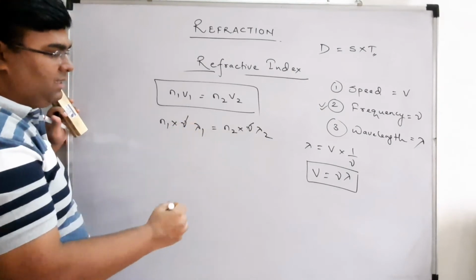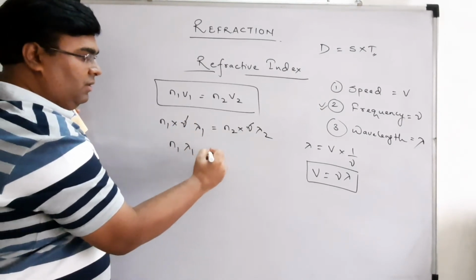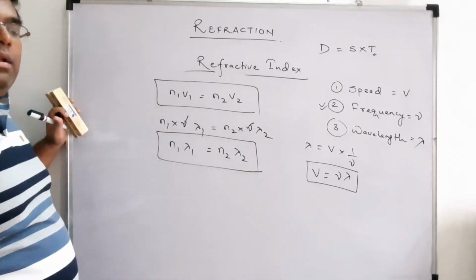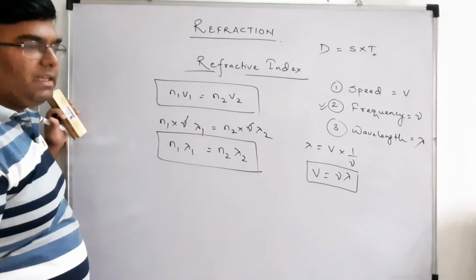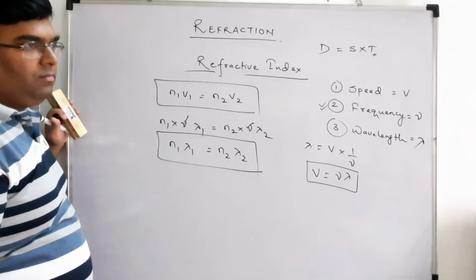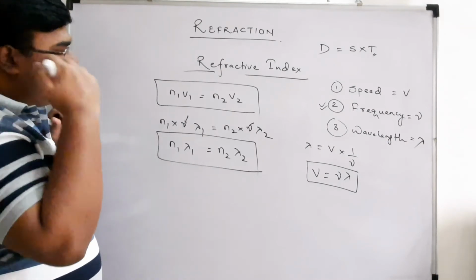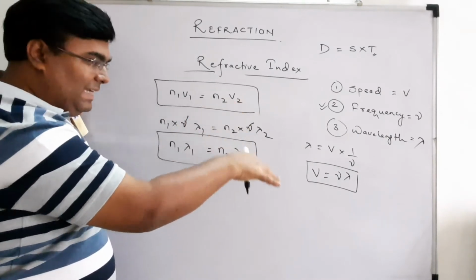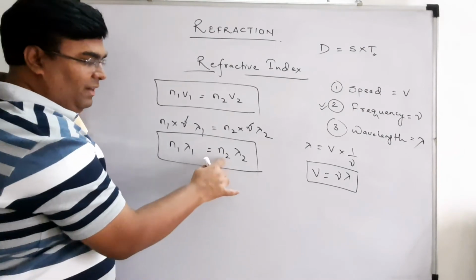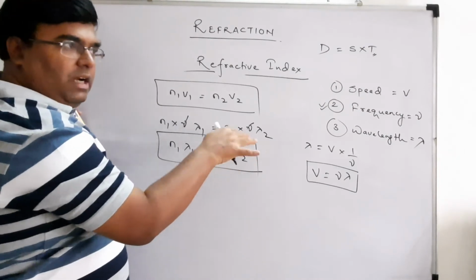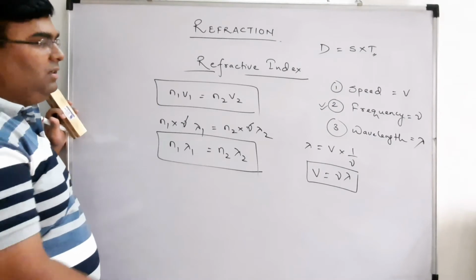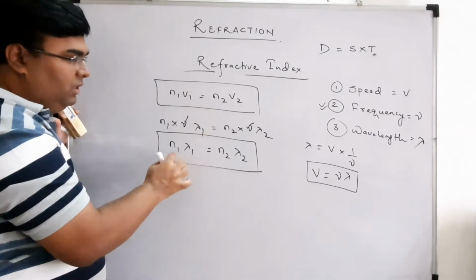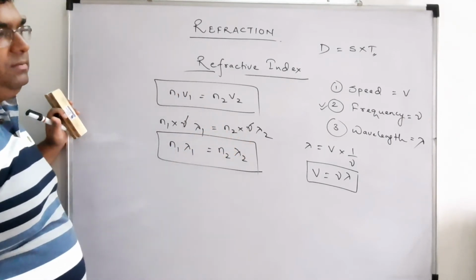This nu will get cancelled, so we have another relationship in terms of lambda and refractive index, correct? If the refractive index is higher, my speed decreases. Similarly, if the refractive index is higher, my lambda also decreases. So this is the relationship between speed and wavelength with refractive index.